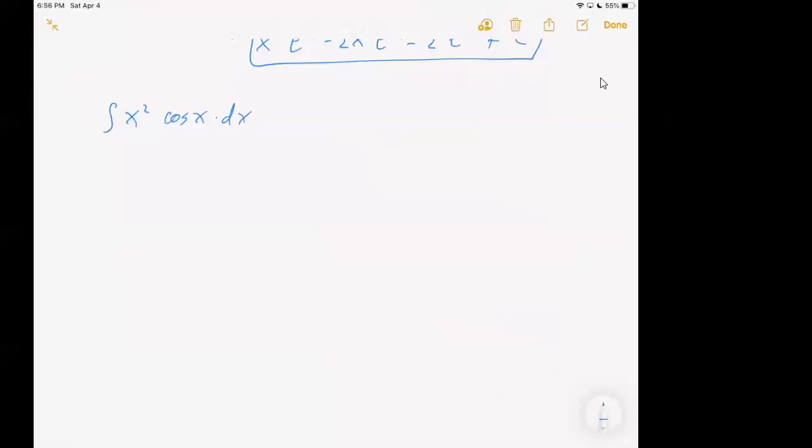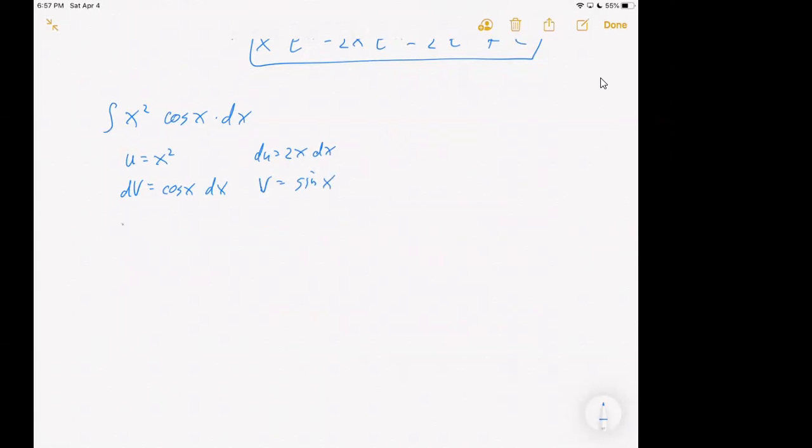So this will work out in 2 iterations. I'm going to go through that quickly, and I'll talk it through as I go. So u is equal to x squared. dv is everything else, cosine x dx. du is 2x dx. V is the antiderivative of cosine, which is just sine of x.